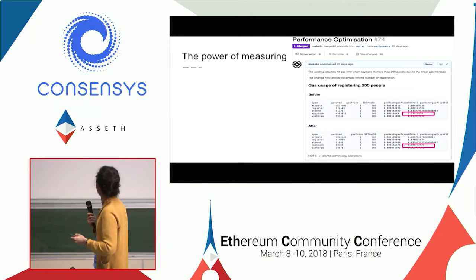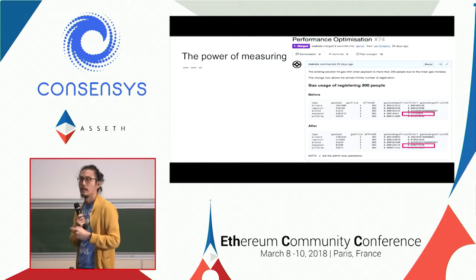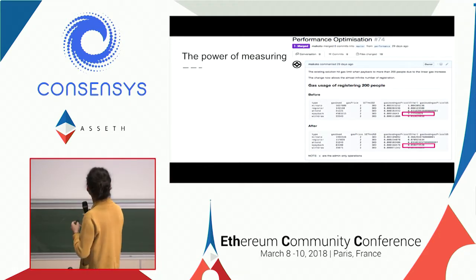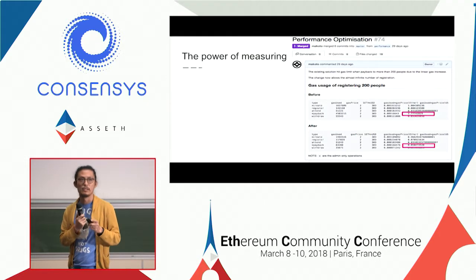Before, I had a problem with linear scaling: the payback was taking 4.5 million gas, and at that time I think the total gas limit of one block was 6 million. So I already knew back in June that my smart contract couldn't scale to more than 300 people.